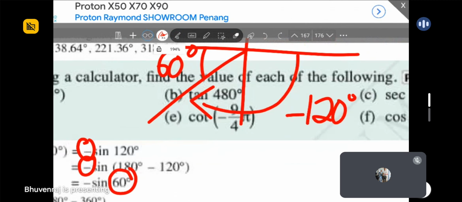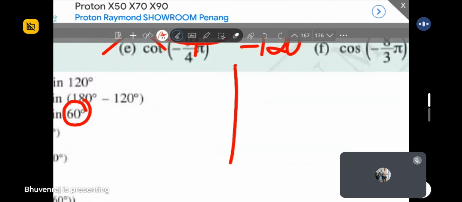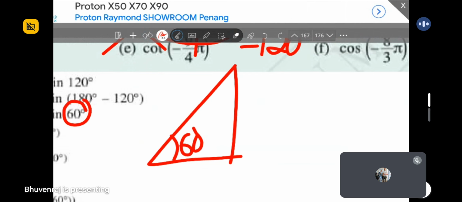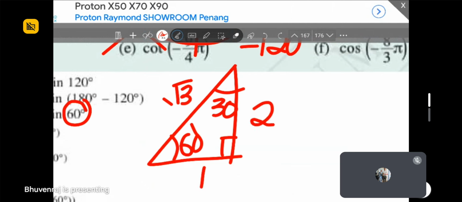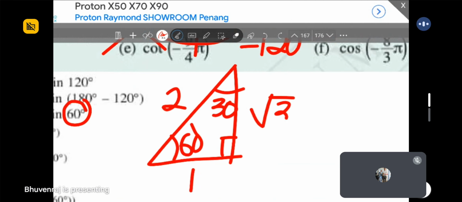Sorry, the answer is not here. You just need to remember the 60, 30, 90 triangle. This one is 2, this one is 1, this one is √3.